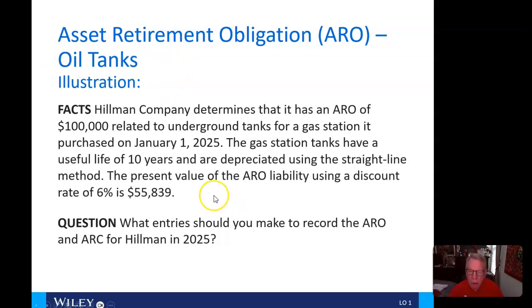The present value of the ARO using a discount rate of 6% is $55,839. What entries should you make to record the ARO for Hillman in 2025?